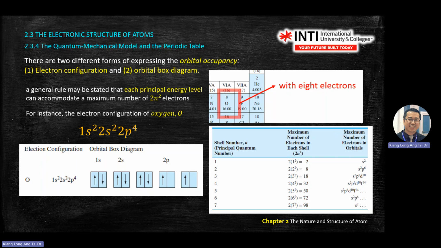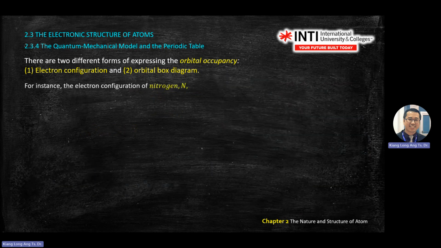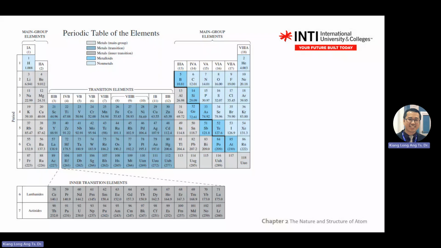Understand? Now we go to one more example, nitrogen. Nitrogen, on the graph, where is nitrogen? Can you spot nitrogen? You go for the first row, then the second row here.